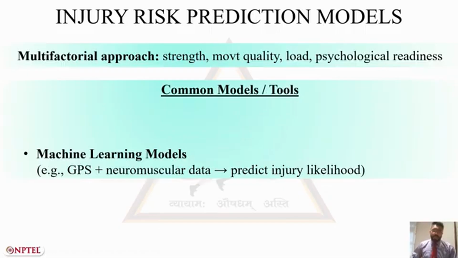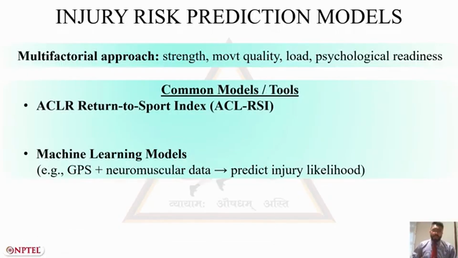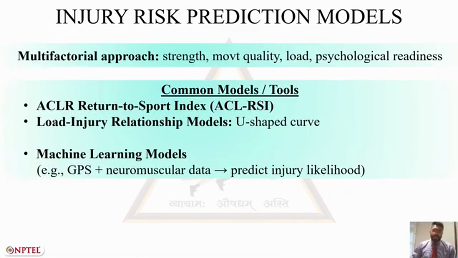The common models or tools used are the ACLR Return to Sport Index, the load injury relationship models, which are U-shaped curves with increasing load, the injury risk may increase, and with reduced load, again the re-injury risk may increase. Therefore, underload as well as overload increases the risk of re-injury.